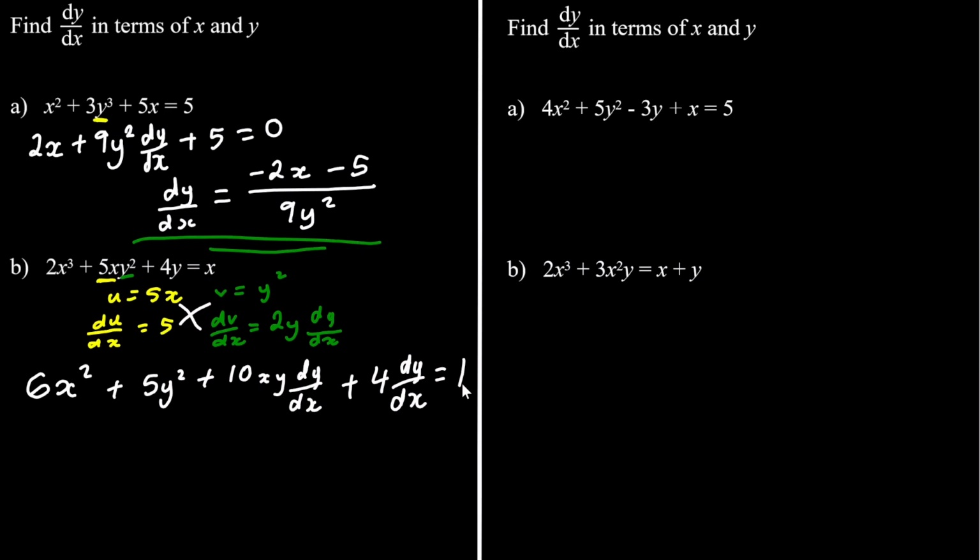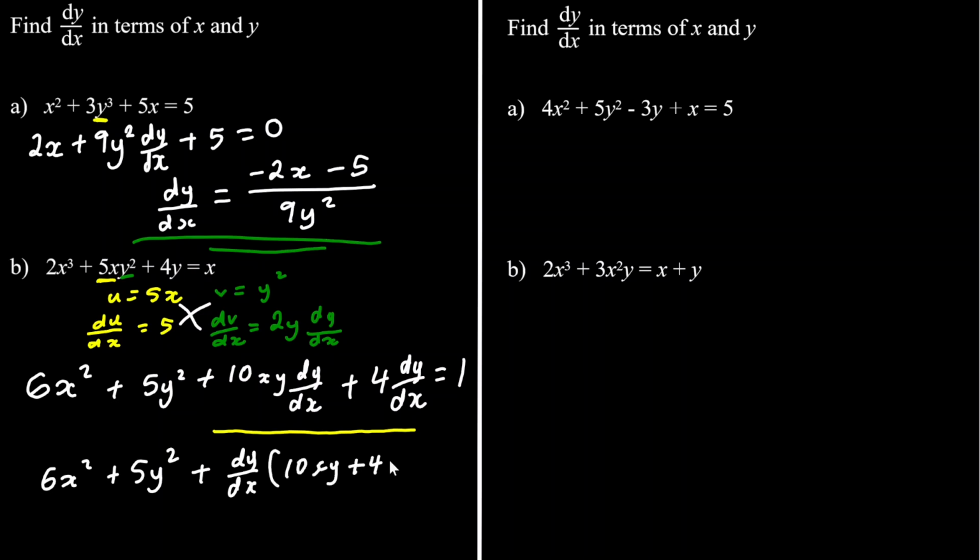Again, we want dy dx to be the subject, and this time it's in two terms. It's in both of these terms, so we need to factorize it out. So we're going to have 6x squared plus 5y squared plus dy dx times 10xy plus 4 equals 1.